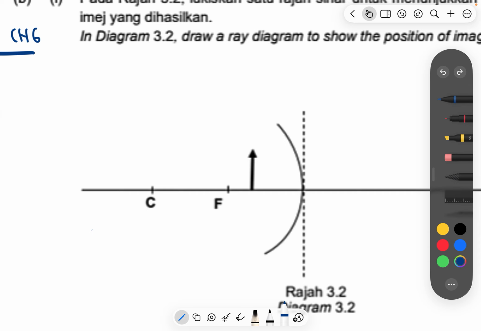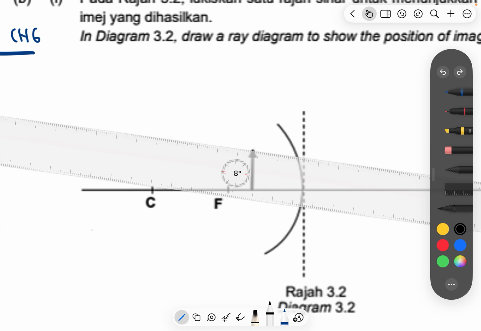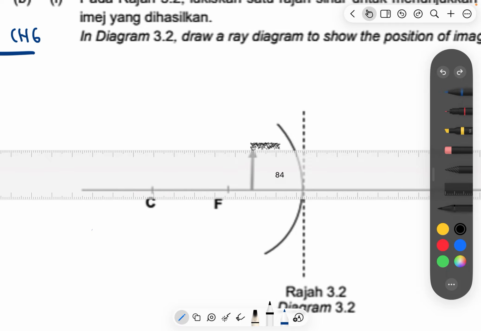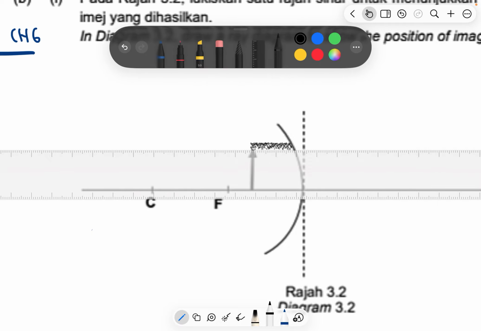Okay, so concave mirror, remember that it diverges, but it's different than lens. So the light would pass, it would be parallel, like this.